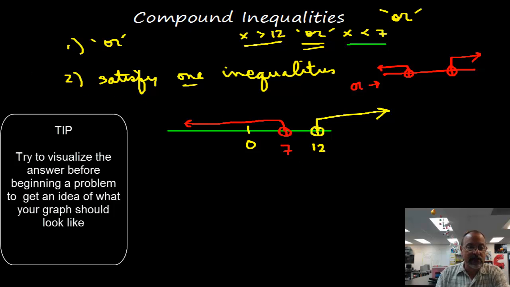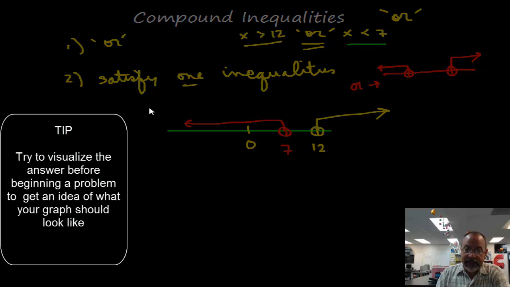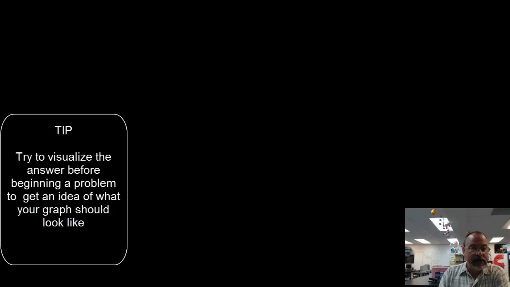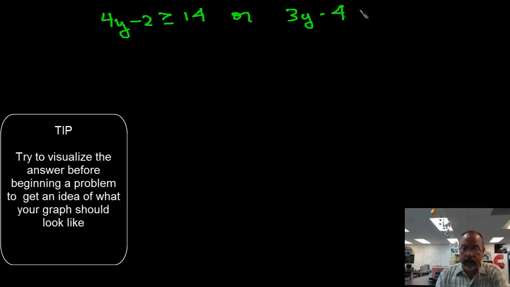So let's take a look at an example of an OR. Let's solve an OR and then graph its solution. I have 4y minus 2 is greater than or equal to 14, or 3y minus 4 is less than or equal to negative 13. Okay, I see the word OR, so in my mind I get a picture. It should look something like this when I'm done with the graph, generally speaking.